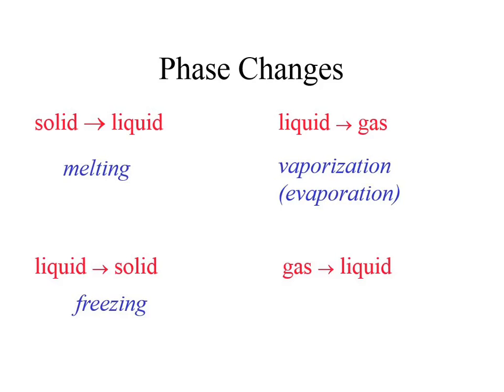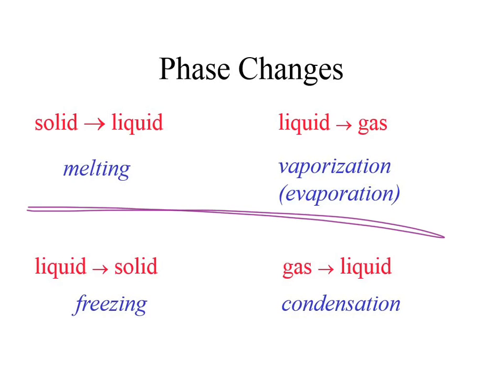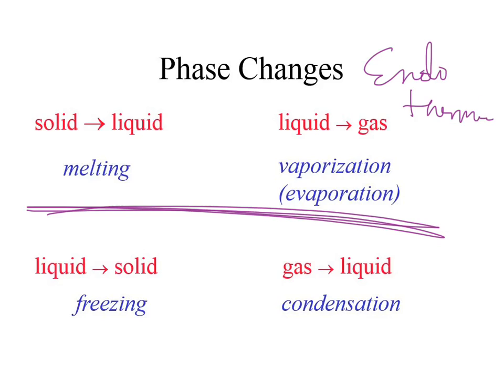And if something goes from a gas to a liquid, we call that condensation. So again, I could draw a line here in the sand, and I could say that these are endothermic, and I could say that these are exothermic.